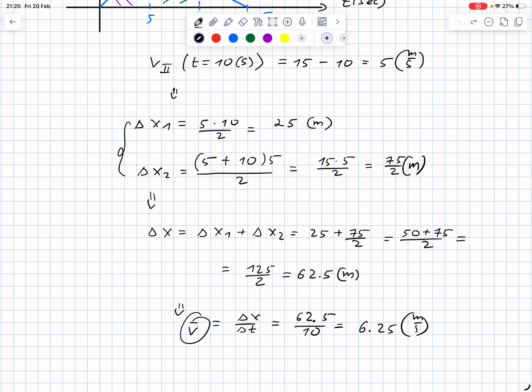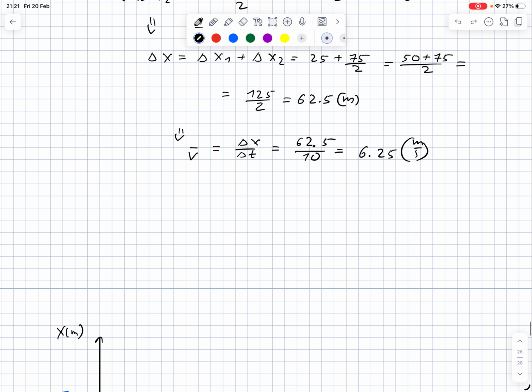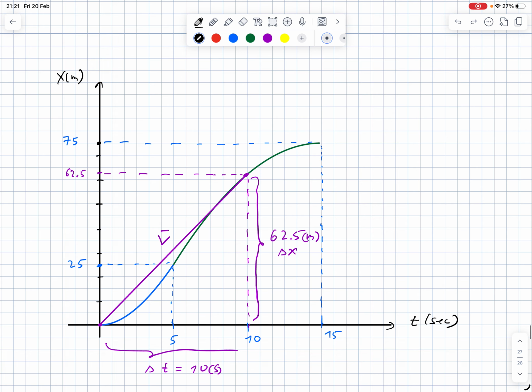Now, sometimes a professor or teacher can ask you, show me this average velocity in the graph of v of t and x of t. It's not so hard. What you should do: this is the initial point and this is the final point. When t equals 10 seconds, the position is 62.5. This is the final coordinate, and this is the initial coordinate.